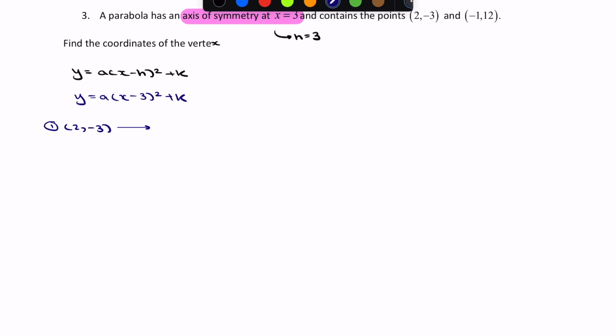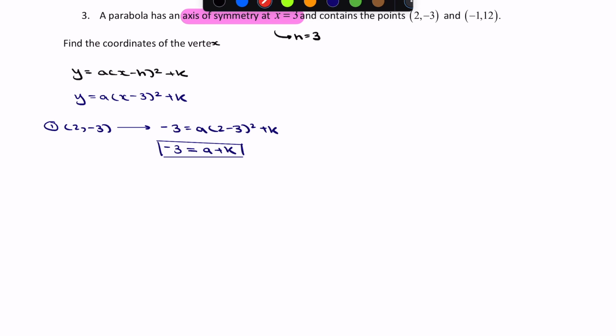Sub that into the equation. We have negative 3 is equal to a(2 minus 3) squared plus k. So here we get negative 3 is equal to a plus k. So that's our first equation.